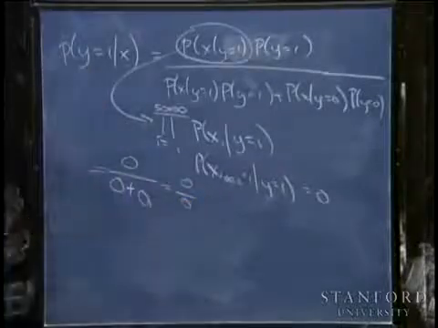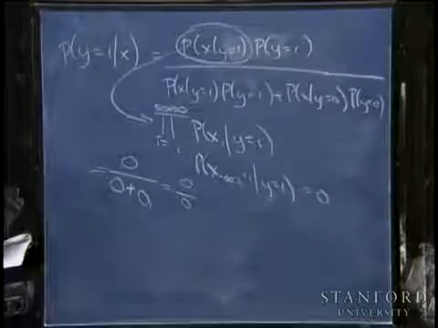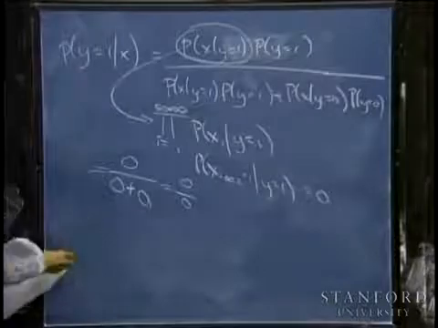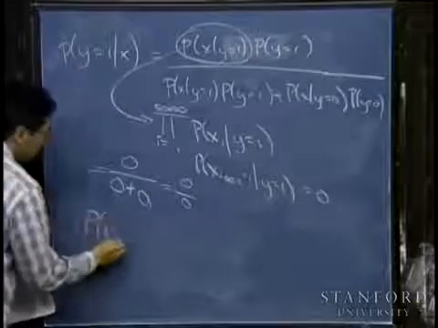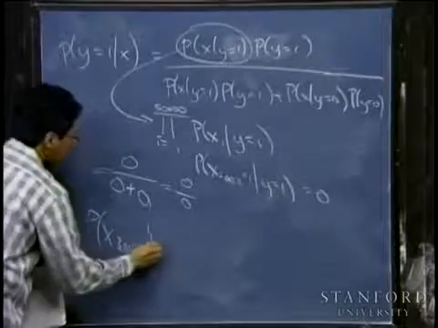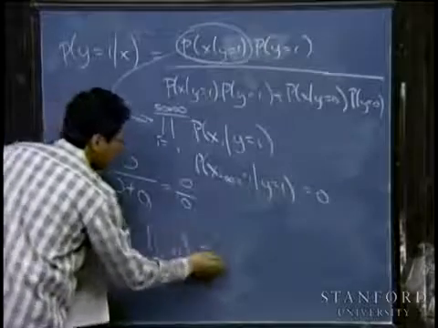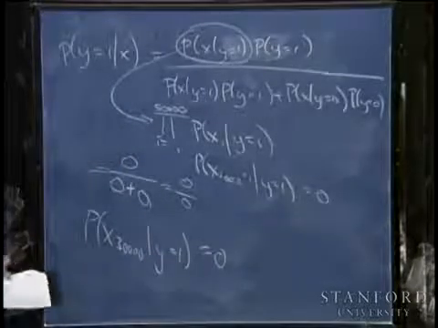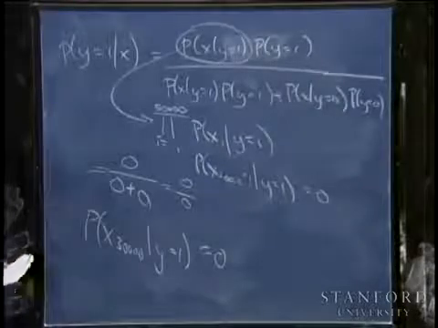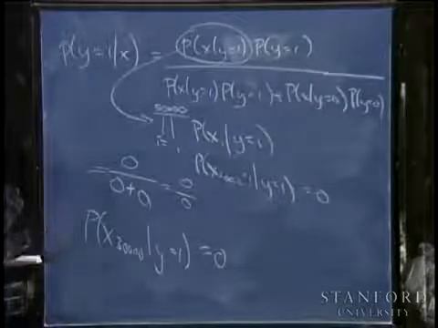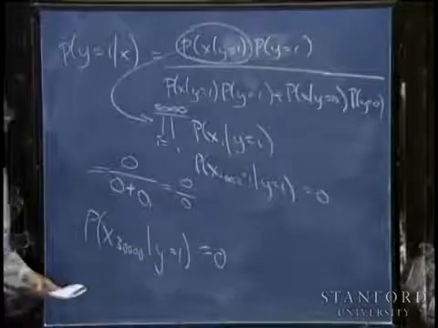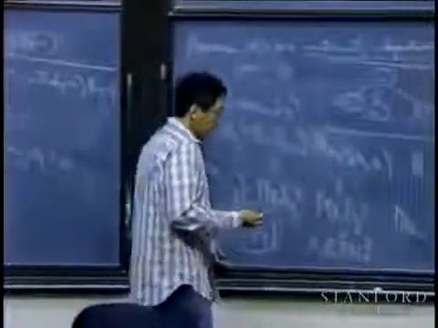So you end up with P of y equals 1 given x is 0 over 0 plus 0, okay, which is undefined. And the problem with this is that it's just statistically a bad idea to say that P of x30,000 given y is 0, right? Just because you haven't seen the word NIPS in your 2 months' worth of email, it's statistically not sound to say that therefore the chance of ever seeing this word is 0, right?